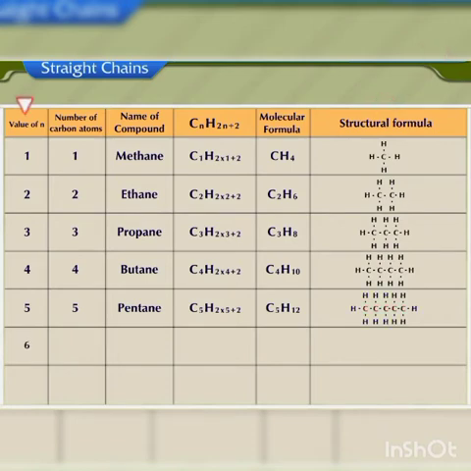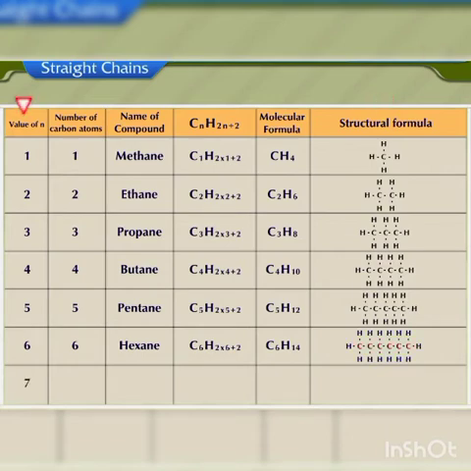If N is equal to 6, the number of carbon atoms is also 6. The organic compound is hexane, and the formula will be C6H2 multiplied by 6 plus 2. This gives the molecular formula C6H14. The structural formula will have 6 carbon atoms bonded with 14 hydrogen atoms.